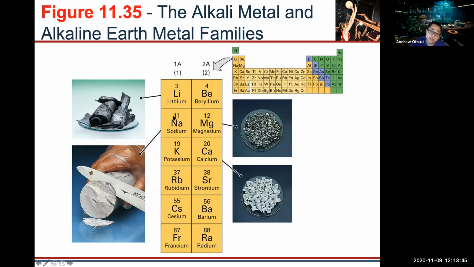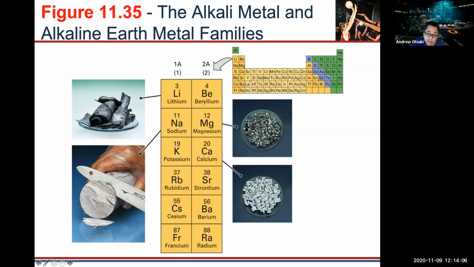Here, see sodium and lithium. They're both metallic and pretty malleable. They can be easily cut like that. Here's magnesium and calcium. They look kind of like little microchips, and you see that they're very different in appearance.